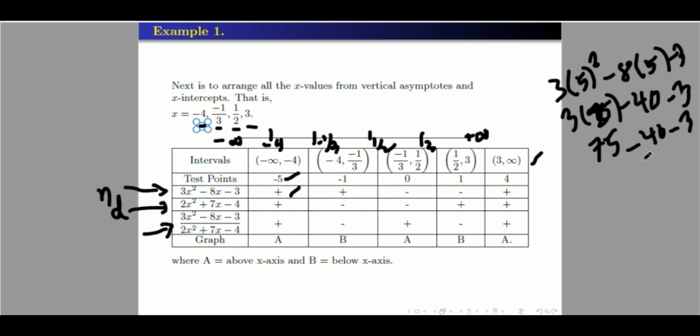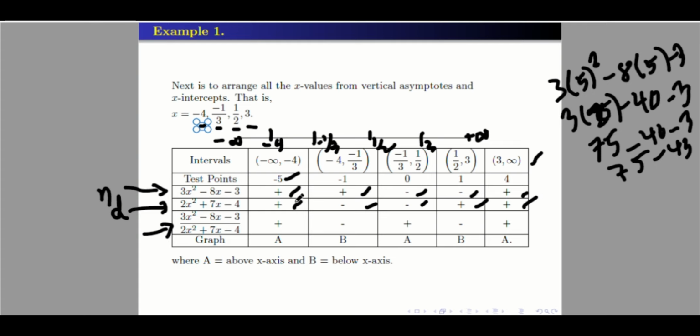So this is now 75 minus 43. Since 75 is greater than 43, this will become positive. That is why our symbol here is positive. Do the same thing to the other cells. So we have these signs.